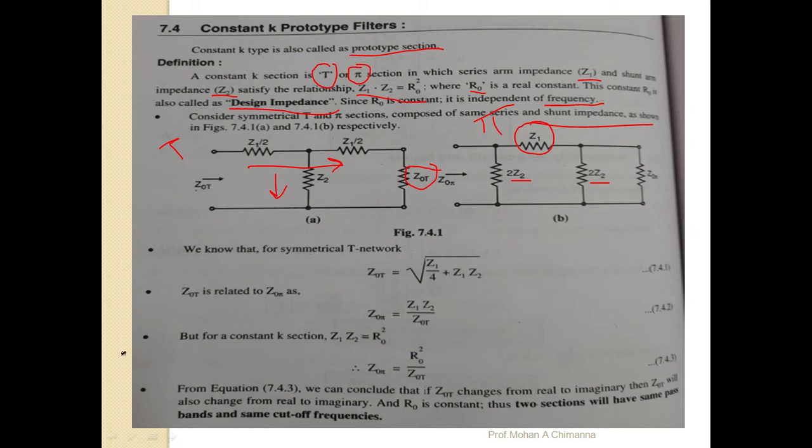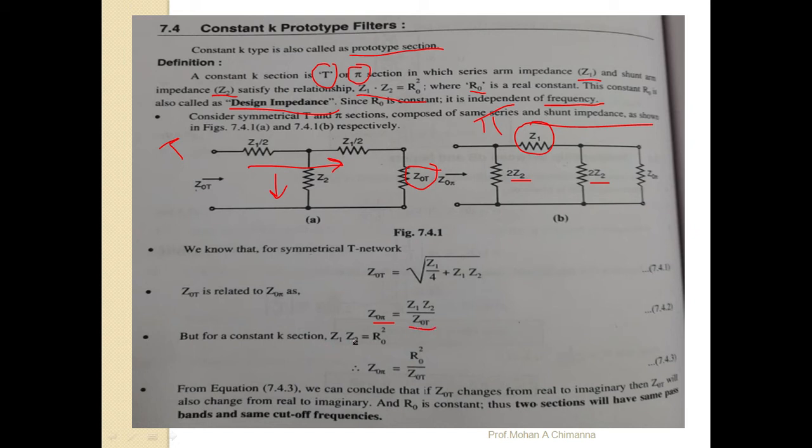We already know from my previous video about the symmetrical T network, where ZOT is equal to the root of Z1 by 4 plus Z1 Z2, and ZO pi is equal to Z1 Z2 upon ZOT.